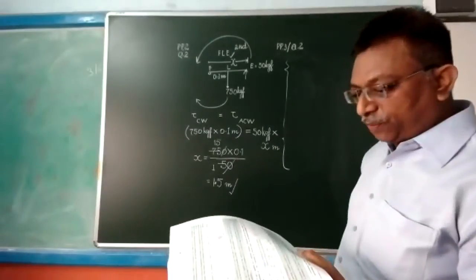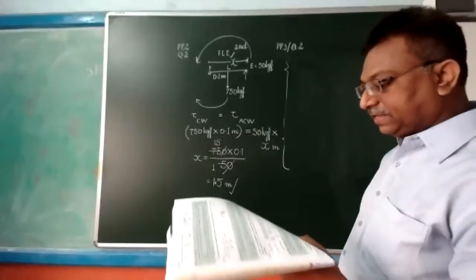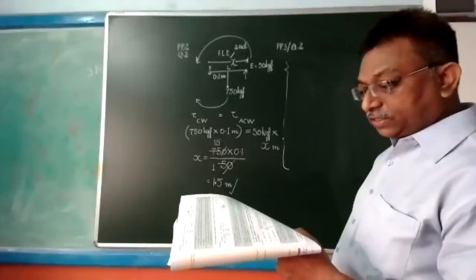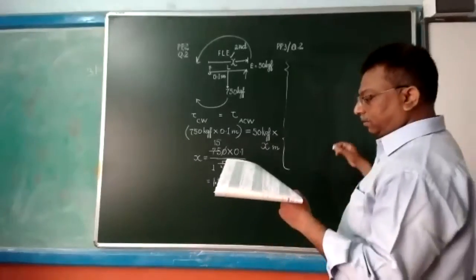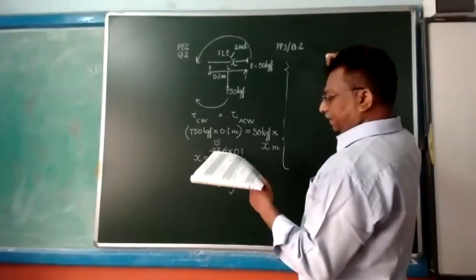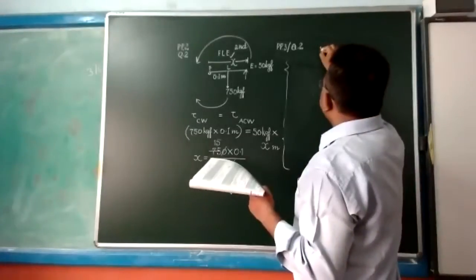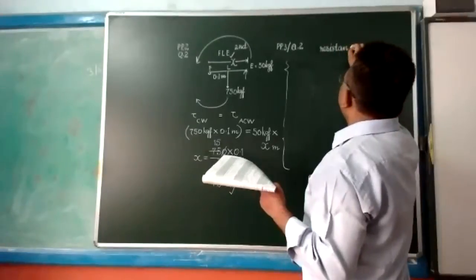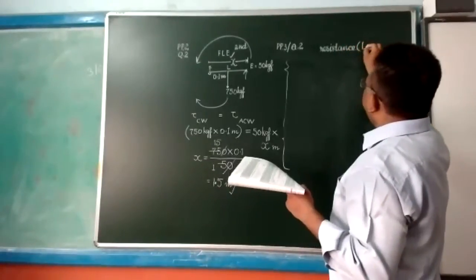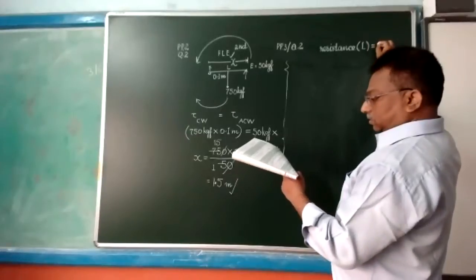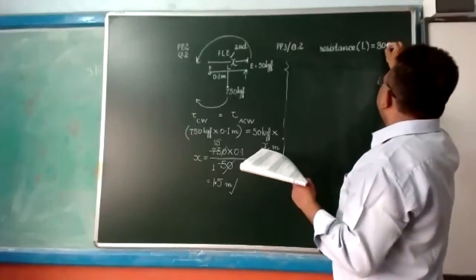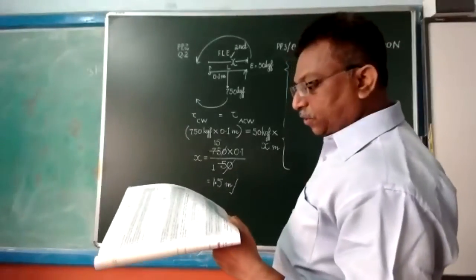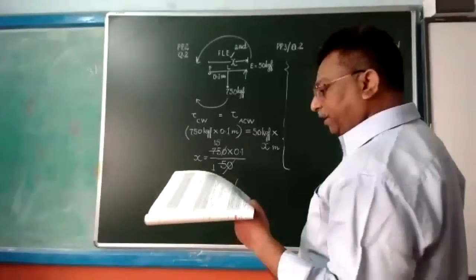Calculate the velocity ratio, mechanical advantage, and percentage efficiency of a machine which overcomes a resistance of 800 Newton. So resistance is given. Load is also a kind of resistance, capital L. How much is it? 800 Newton. Must write the values given in the question. Through a distance of 0.12 meter.